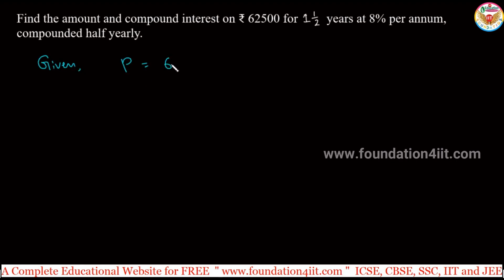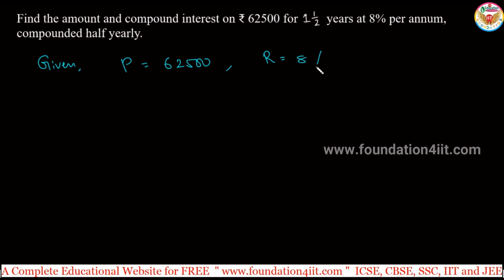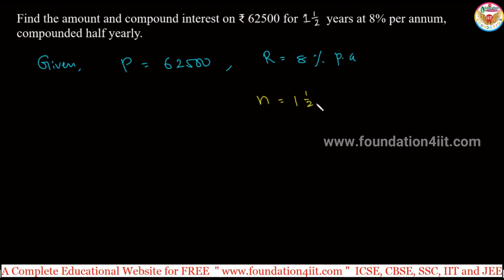P is equal to 62,500 and R, the rate of interest, is 8% per annum. It does not change. R is equal to 8% per annum. And N is equal to 1.5 years, that is, 1 and 1/2 years.